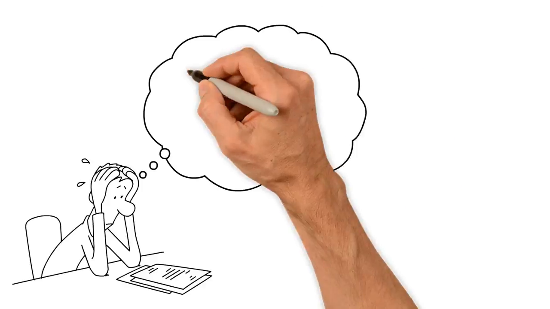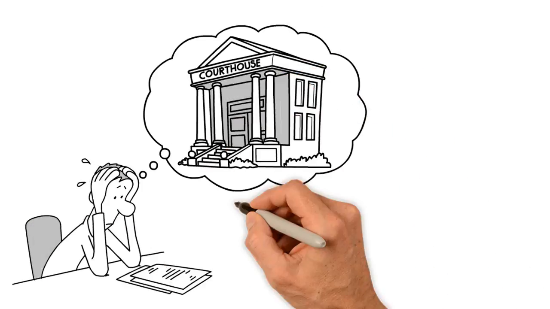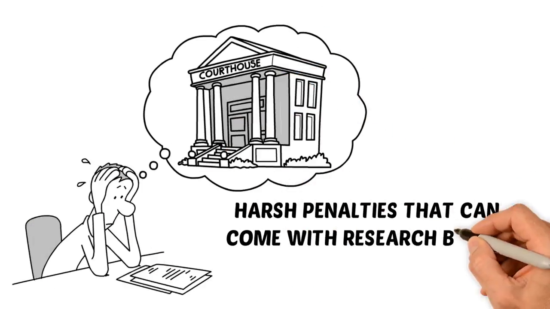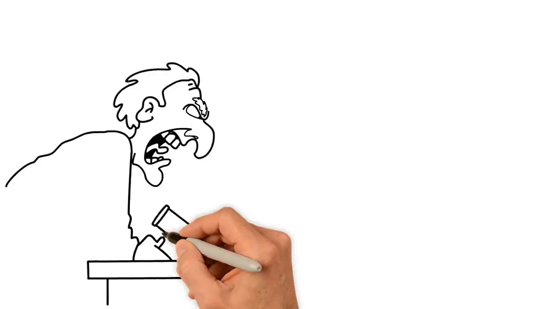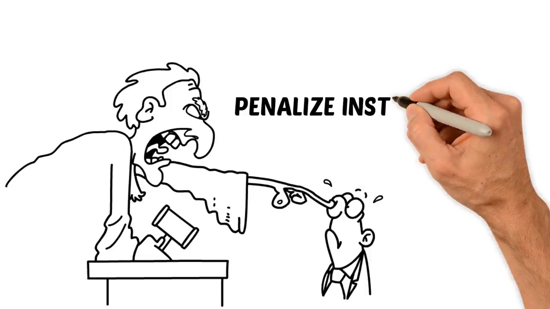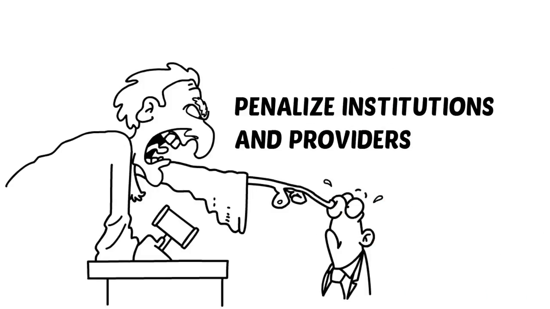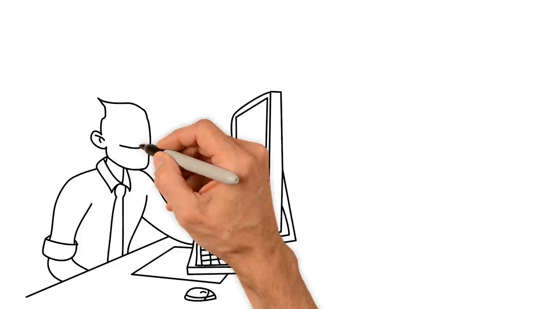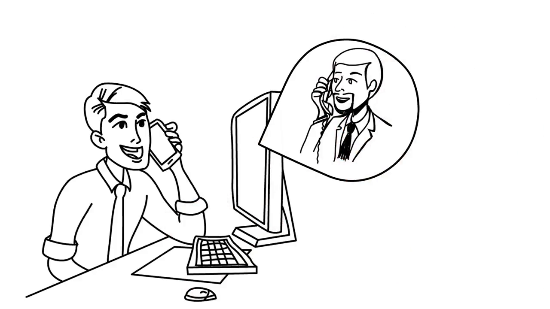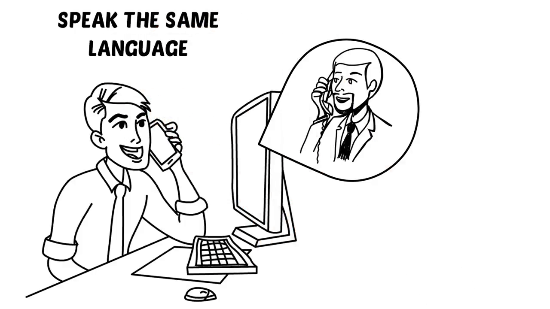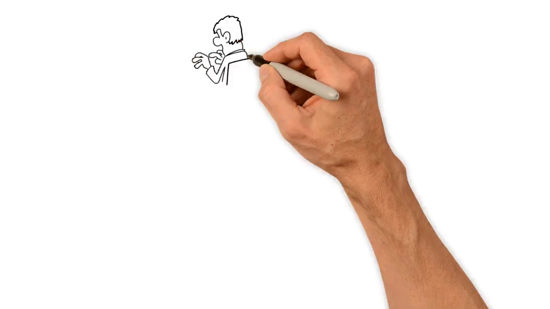We are emphasizing the differences between these terms because of the harsh penalties that can come with research billing being non-compliant. The False Claims Act enables the federal government to penalize institutions and providers for incorrect billing during a clinical trial. An important step toward 100% research billing compliance involves getting PIs, study teams, and OCR all on the same page and speaking the same language.